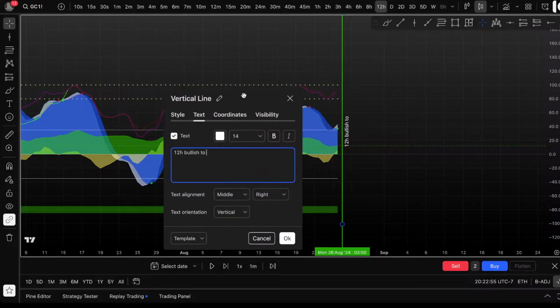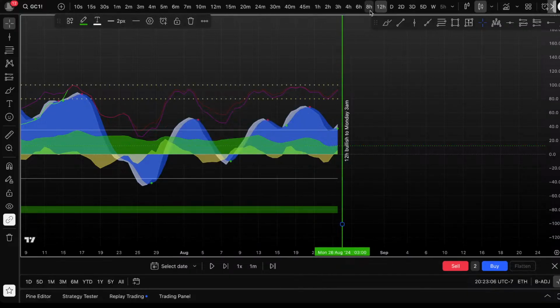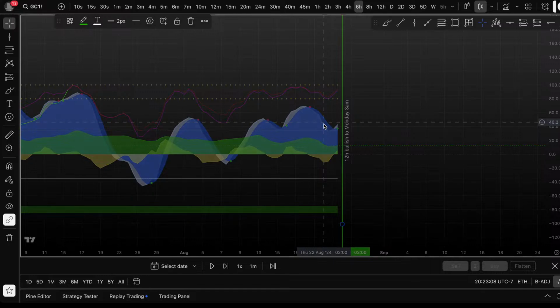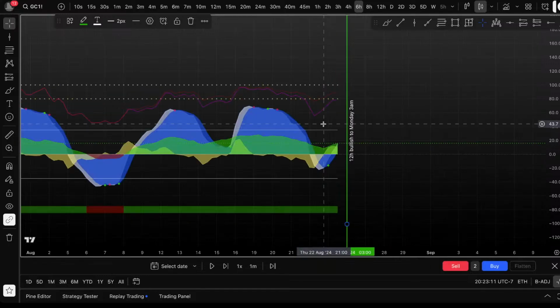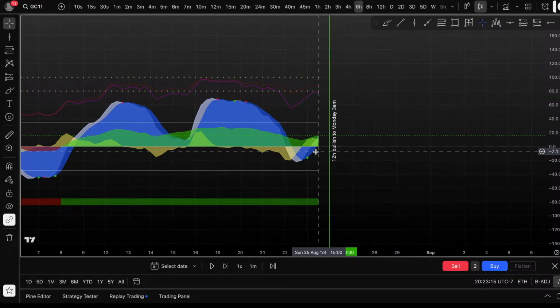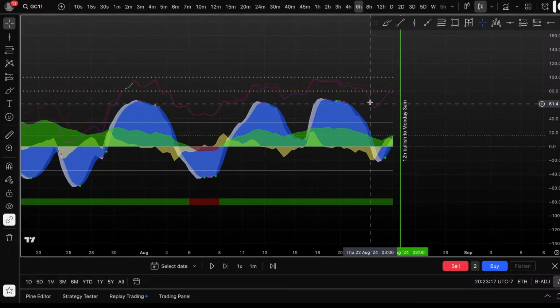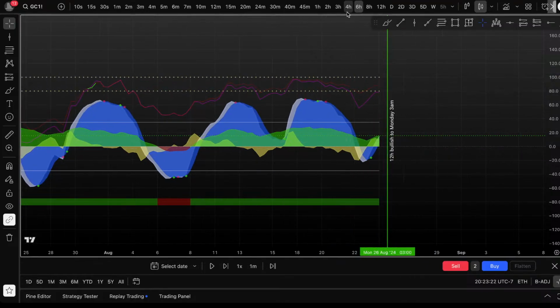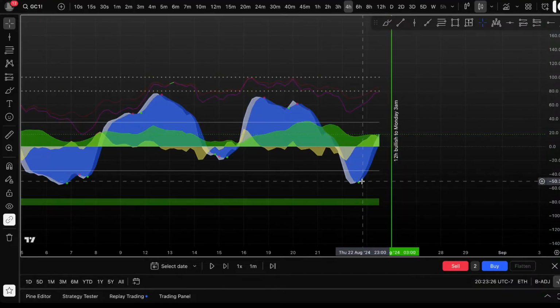Bullish to 3 a.m. All right, 6 hour. Six hours got some bullish pressure. RSI's turning, but they're high. We'll keep it bullish. We'll say the 6 hours got some bull.